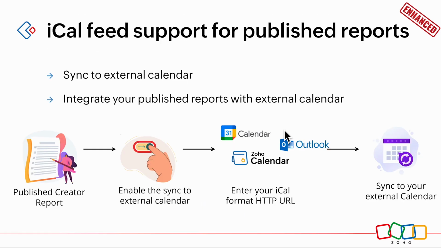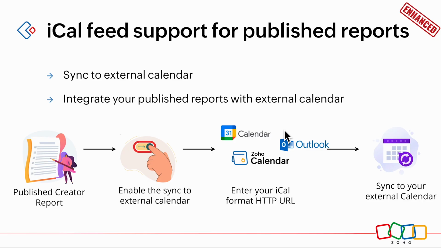Next is the iCal field support for published reports. This feature is ideal for event-driven or booking app systems. Let's say, for example, I have a Zylker outpatient booking appointment system. In the application, I have all the doctor availability, who are my patients, my upcoming appointments, and the past appointment history as well. All will be stored in the calendar there.